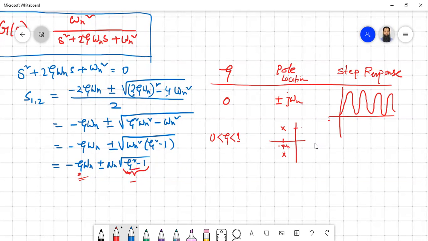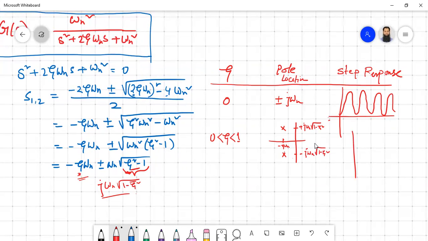Since this value is negative, you can just invert. So we can say that it can be omega n root over 1 minus zeta square. Okay, and then we put a j here. So you'll have plus j omega n root over 1 minus zeta square and minus j omega n root over 1 minus zeta square.